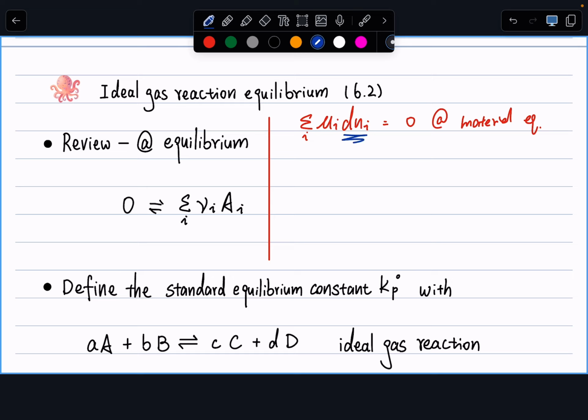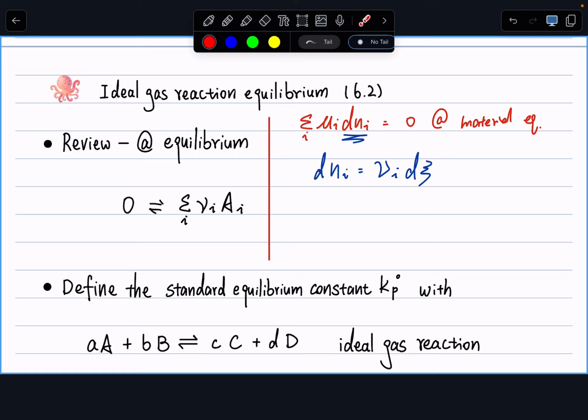What else do we know? So in our previous discussion on reaction equilibrium, we also went over that the change of number of moles of each species equals the stoichiometric coefficient times the infinitesimal change of the extent of the reaction. Remember, we went over the discussion. Once you write a balanced equation, and you're given your initial state and your final state, you can calculate the extent of your reaction. A positive number means a forward reaction.